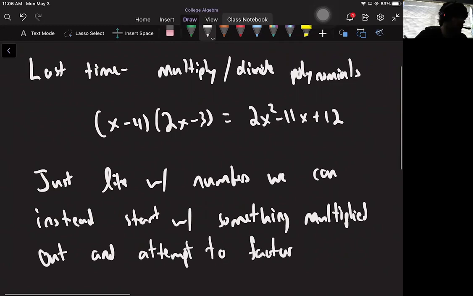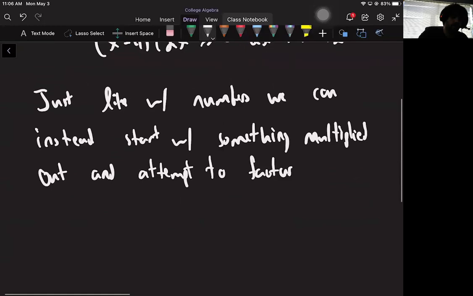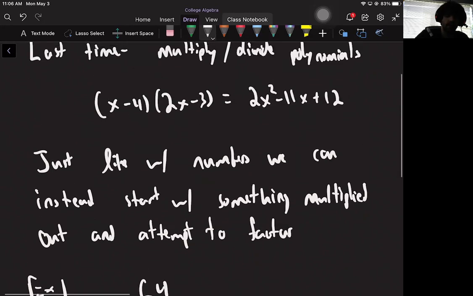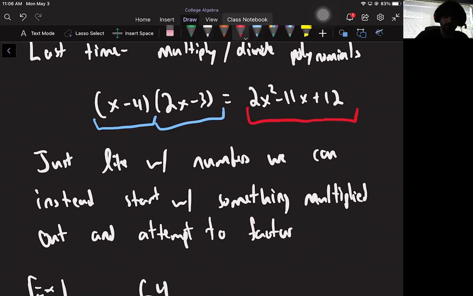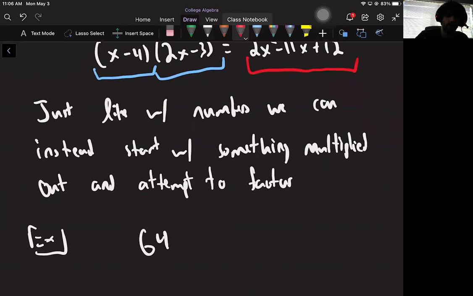So, for example, something like this, you can just start with 64. And so the idea is, instead of starting with two things to multiply together, you just start with the final product. So we're just starting with 64.